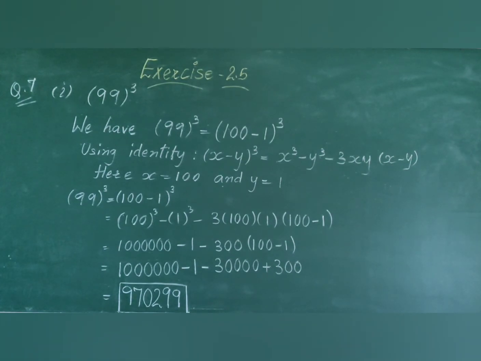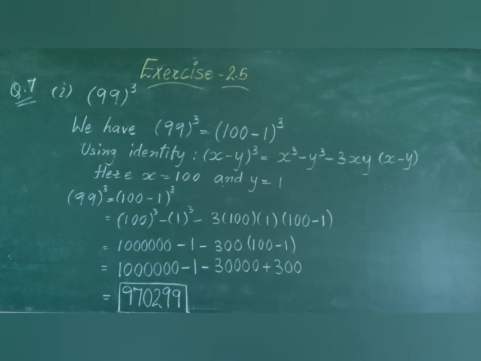Question number 1 is given 99 cube. Now first, as we see the question, you can see that there is only one term, 99. But when we use the identity, we need two terms to expand the given algebraic expression. So first we convert our one term into two terms.